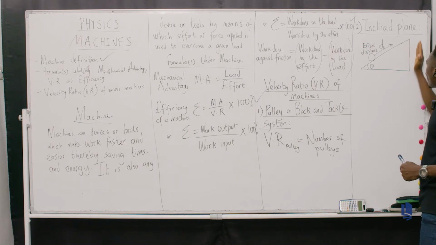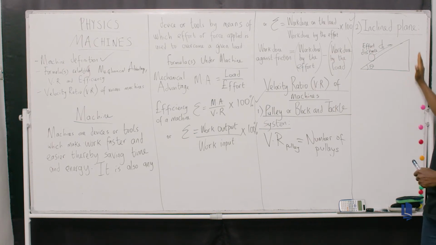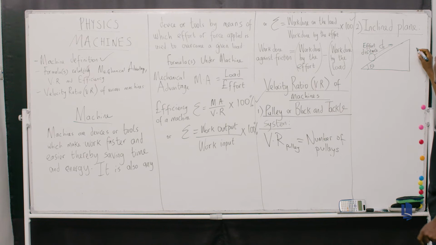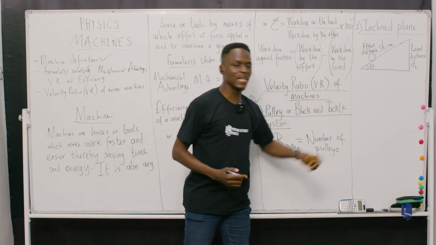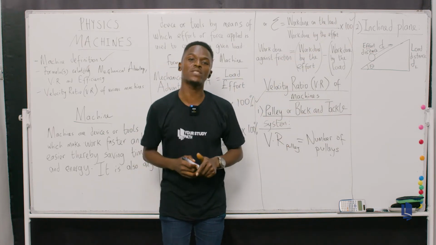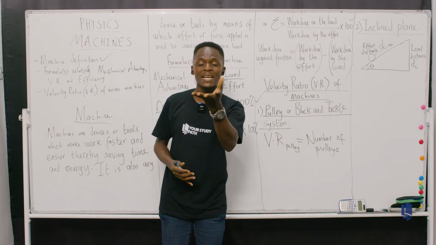This vertical side, we tag it as our load distance. I'm saying it out so that for those writing and maybe the network is lagging, you know exactly what I've mentioned here. D subscript L. DE on this side and DL on that side. Those are the two most important parts talking about your inclined plane.